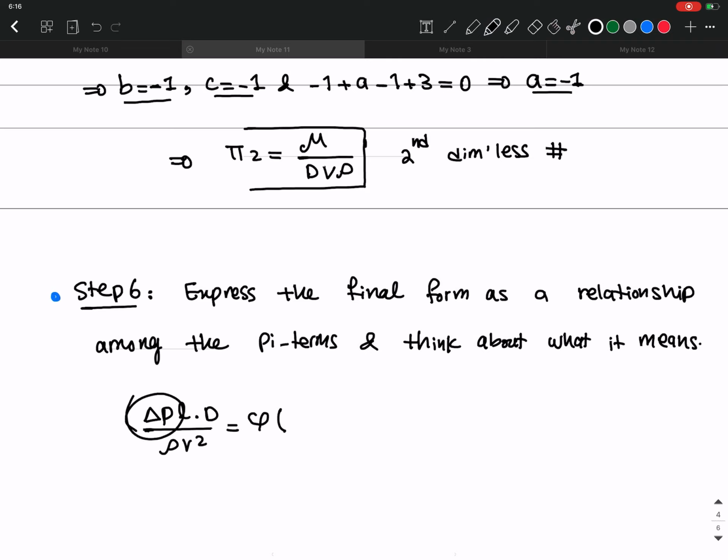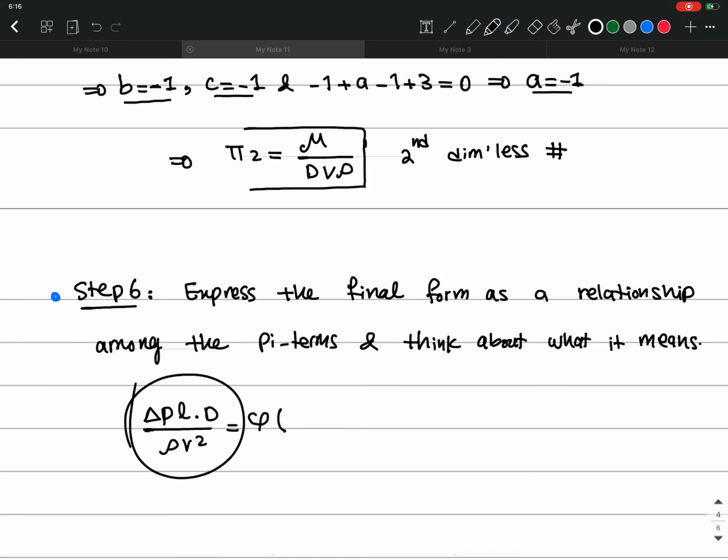So this is always going to be your dependent variable on the left, and on the right are going to be the other dimensionless numbers. So the first dimensionless number that we write on the left should have the dependent variable that you are seeking, for example, delta PL here. And this is going to be a function phi of the second dimensionless number, which is mu over dv rho, and because I can also write it as rho v d over mu, it doesn't matter.